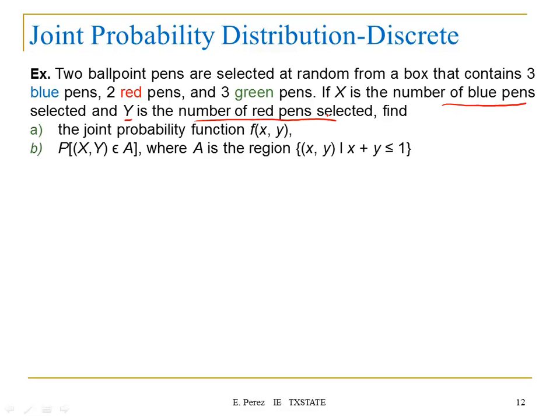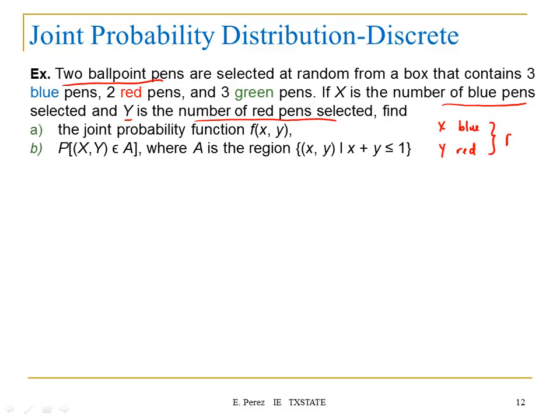Okay, so we are going to select 2 from this group that contains 3 blue, 2 reds, and 3 greens. And we have 2 random variables, X describing the number of blue pens and Y describing the number of red pens. So let me put that here. X is for blue and Y is for red.